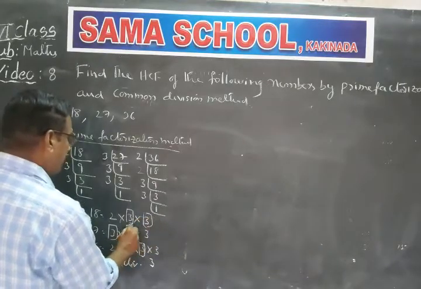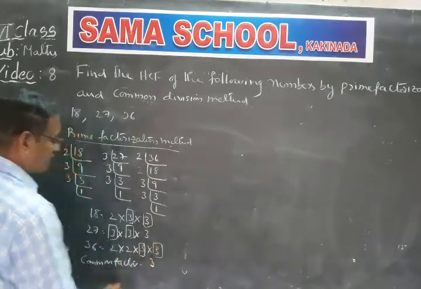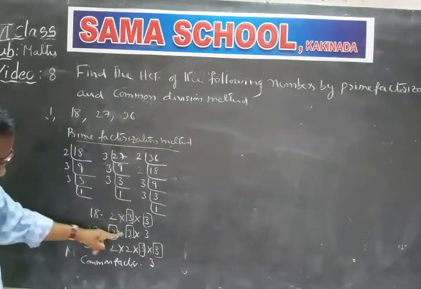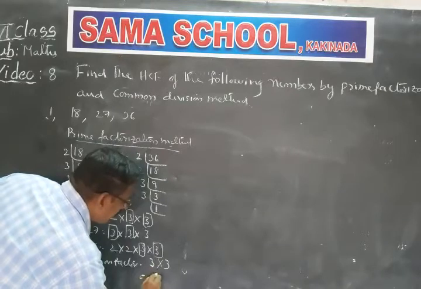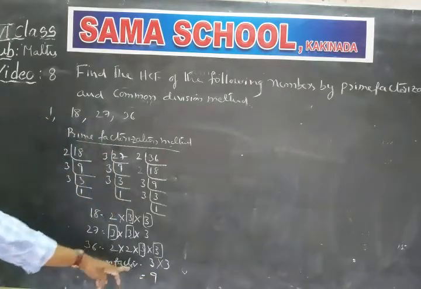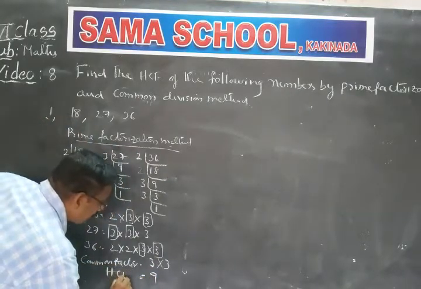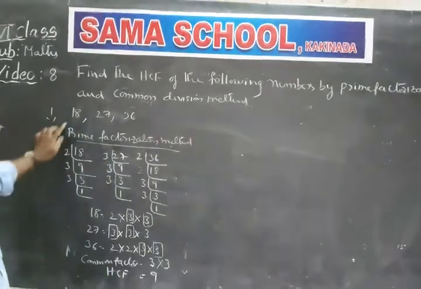In the first row 3 and in another row 3 is there. 3 3s are 9. The HCF is equal to 9.